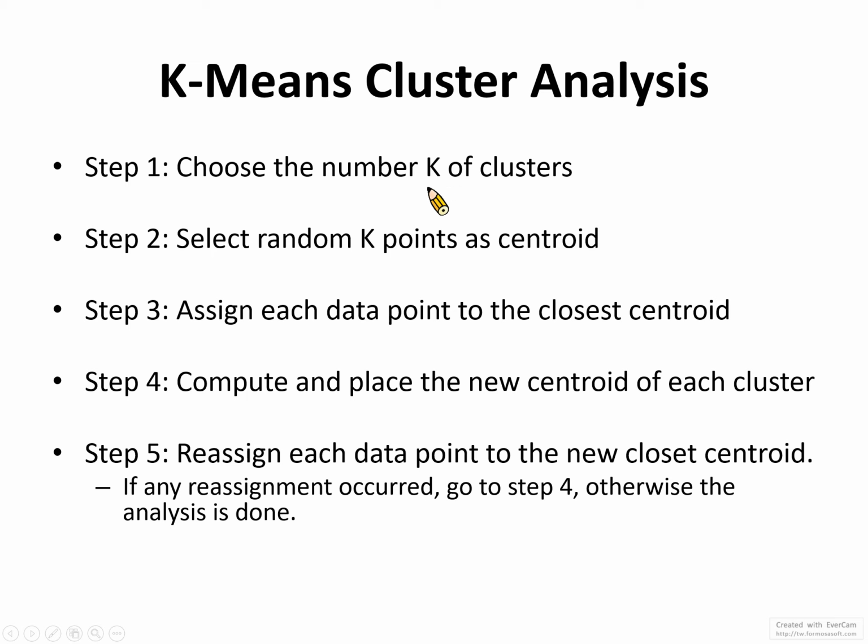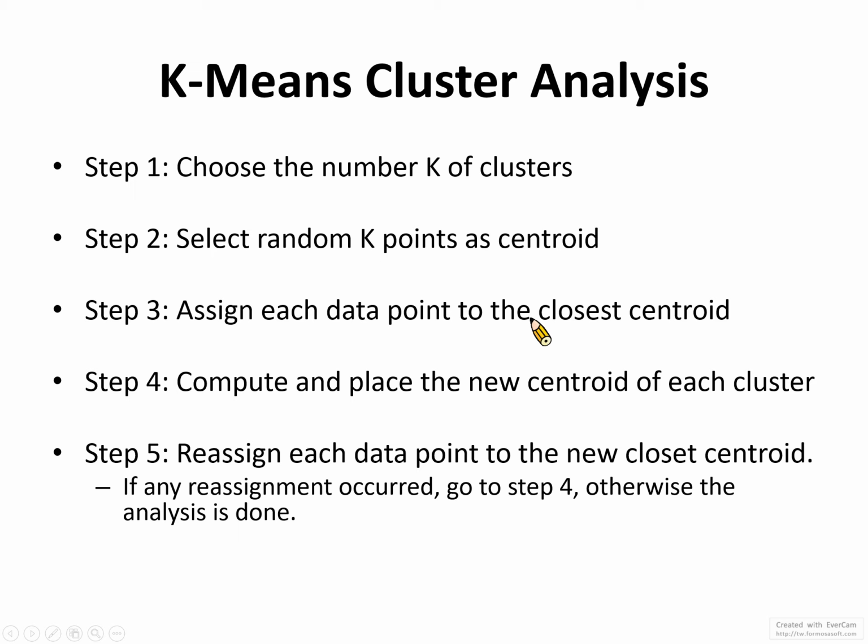Because we choose the number k as our number of clusters, the first thing we need to do is put random k points as the initial centroids. That is not necessarily the true centroid, but we just put random k points on this data space.